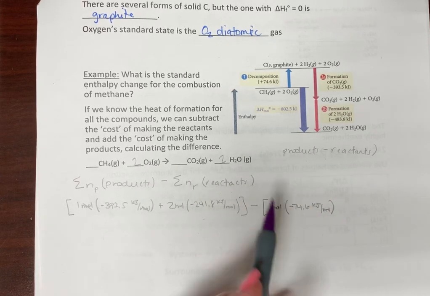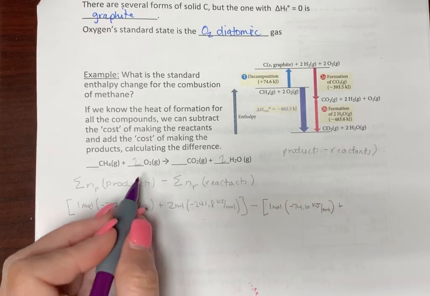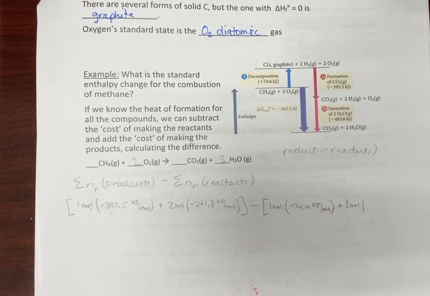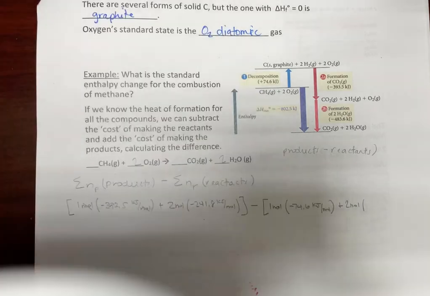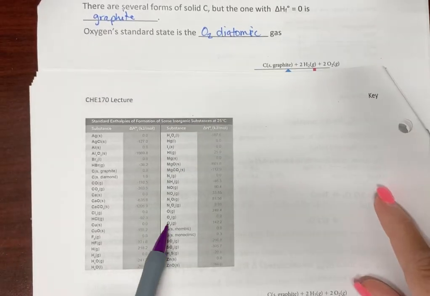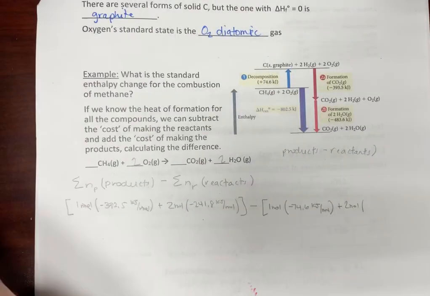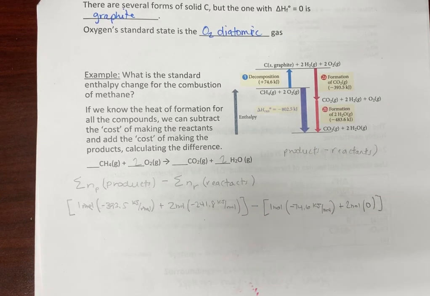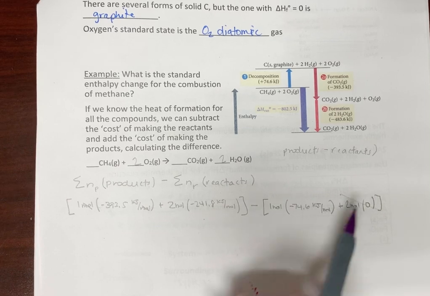Sorry, I had to look that up. And we need to add oxygen, so there's 2 moles. Oxygen is a free element, in its standard state, so here, oxygen gas is 0. That makes things easy, but I always include it just so I don't have to worry about it.